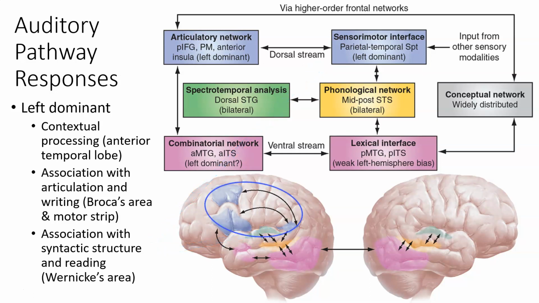These higher level, more language processing areas are indicated in blue in the frontal lobe, and in the association area, kind of where the parietal lobe, the temporal lobe and the occipital lobe are all intersecting at their boundary.